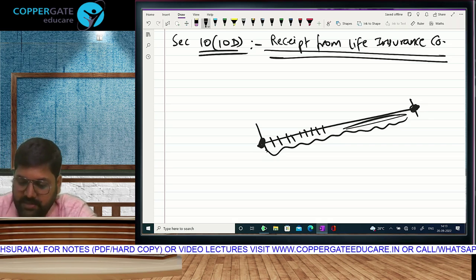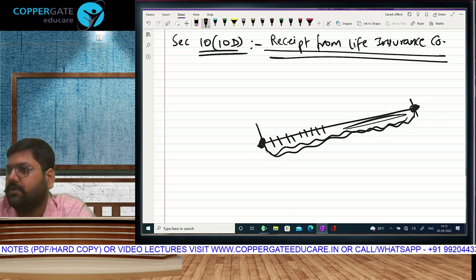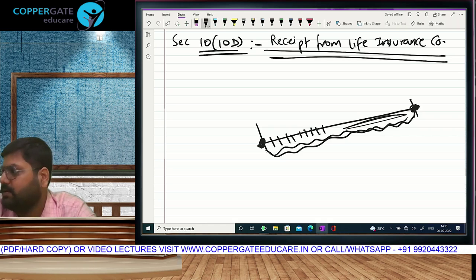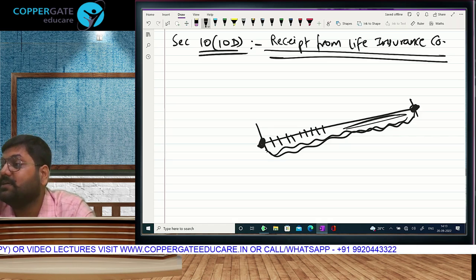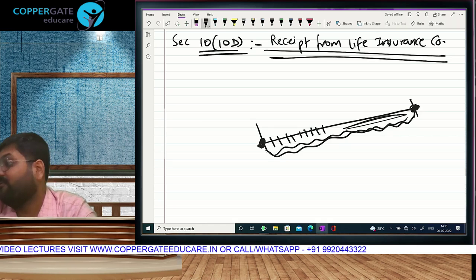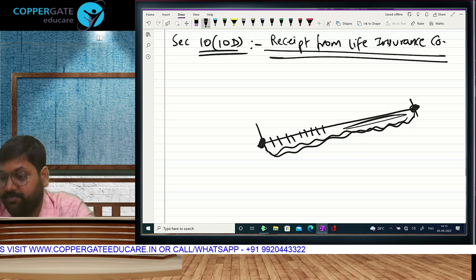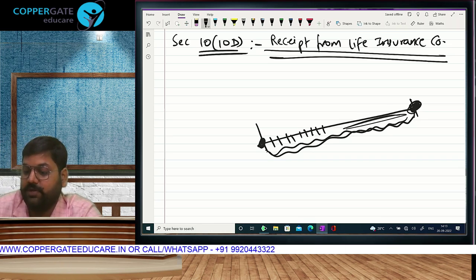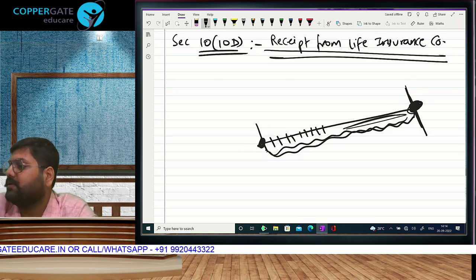But the question is this: during the policy life, the tenure of the policy, a 10 year policy, a 20 year policy, dying is not compulsory. You don't have to die. If you don't die during the policy period, then at the end of the policy life you still get a lump sum payment from the company, that is called maturity proceeds of my policy.